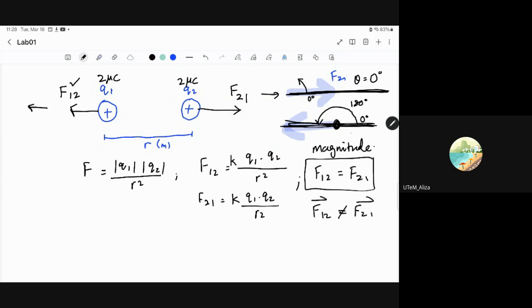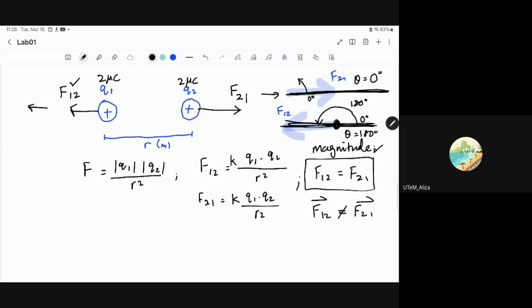So the direction of the force F12 is 180 degrees. That's why we say when you talk about magnitude, yes, F12 is equal to F21.